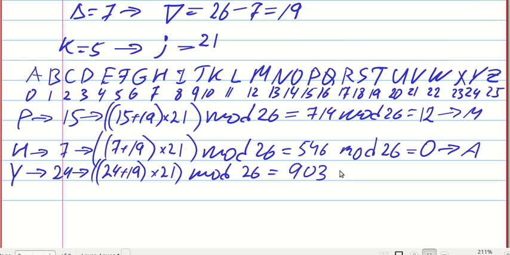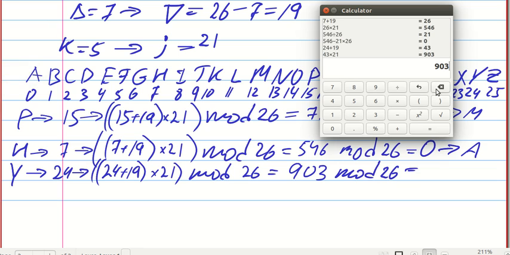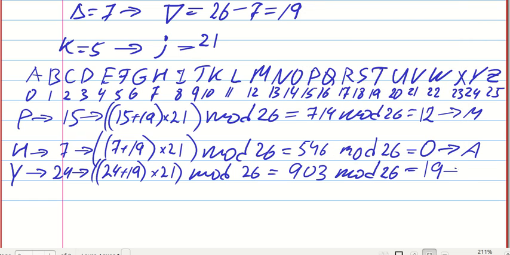So we get 903 mod 26. So take and divide. So it's going to be 34 times. So we take 903, we subtract 26 times 34. So we get 19, and 19 is T.